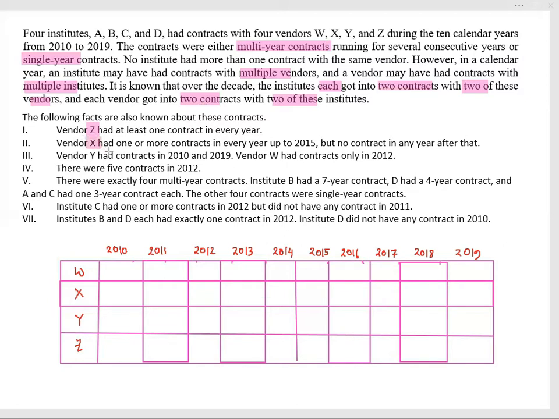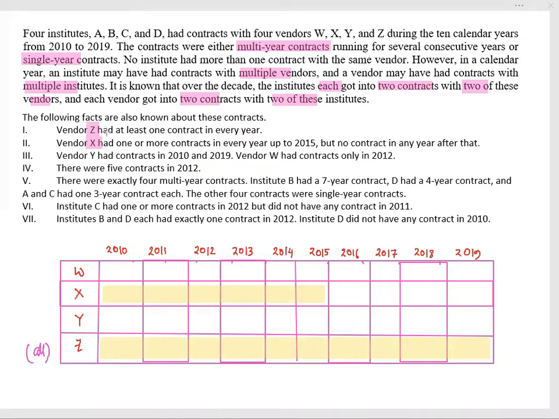Vendor X had 1 or more contracts in every year up to 2015. That means for X, up to 2015, there must be a contract. For Z, it should be true for the entire span.